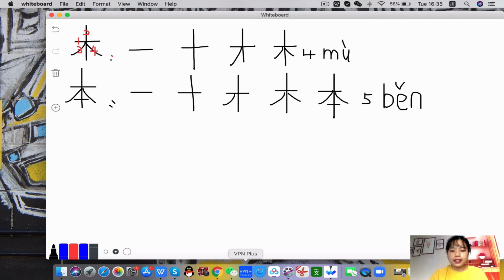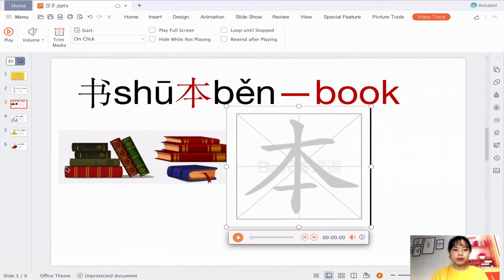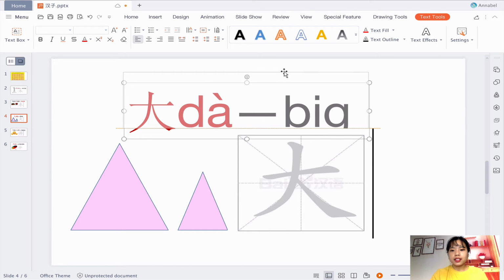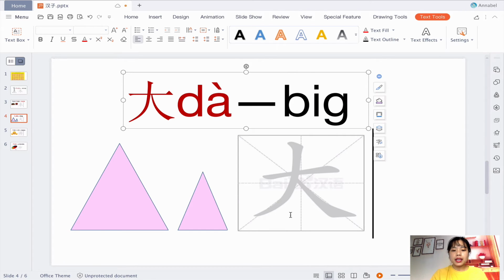Okay, now let's see the third. This we call 大. 大 means big. Okay, big.